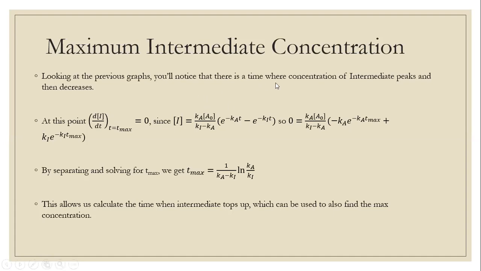So let's look at that real quick. We're saying Ka e to the negative Ka t equals Ki e to the negative Ki t.